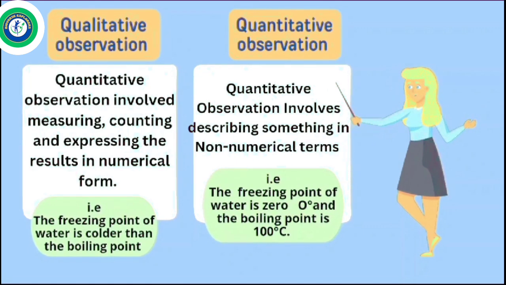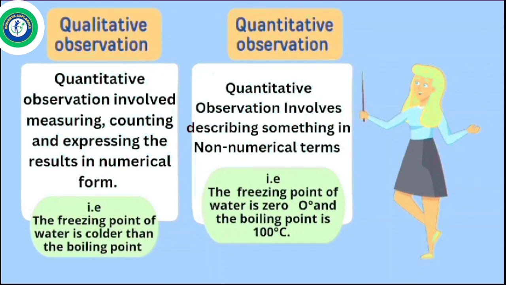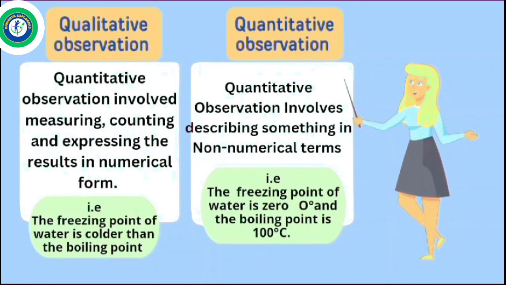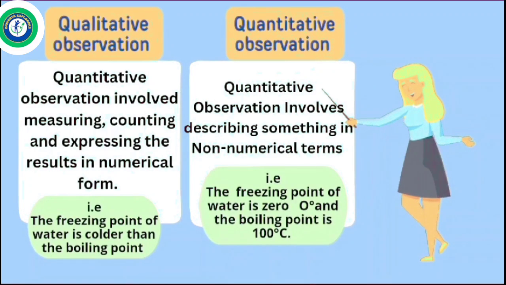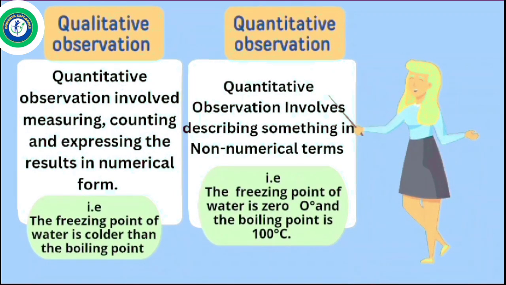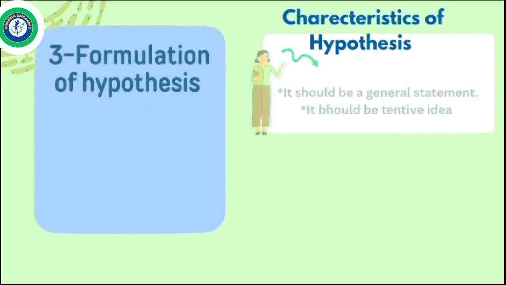For example, the freezing point of water is 0 degrees centigrade and the boiling point is 100 degrees centigrade. Qualitative observation involves describing something in non-numerical terms. For example, the freezing point of water is colder than the boiling point.